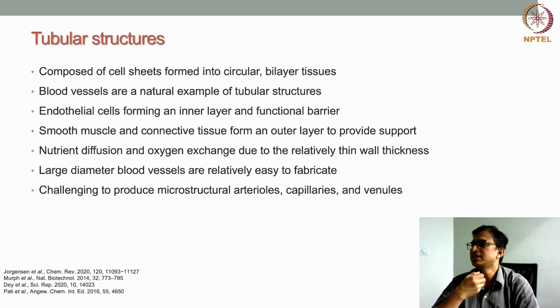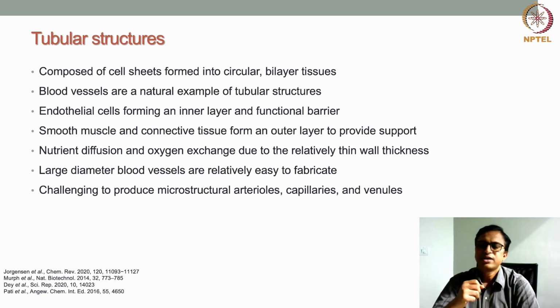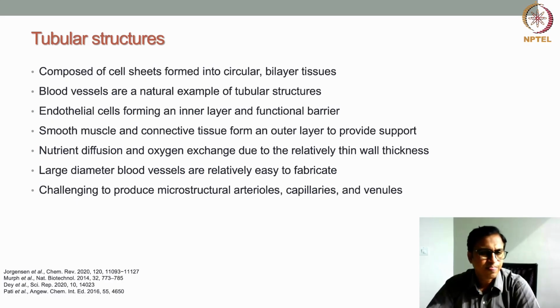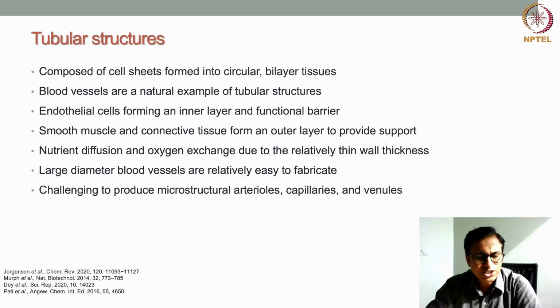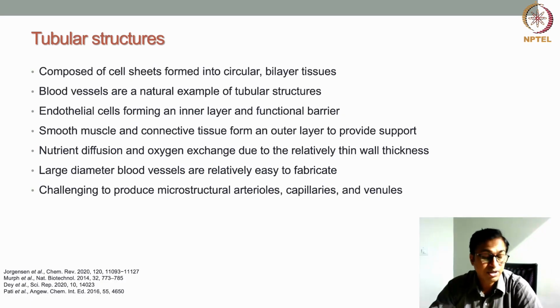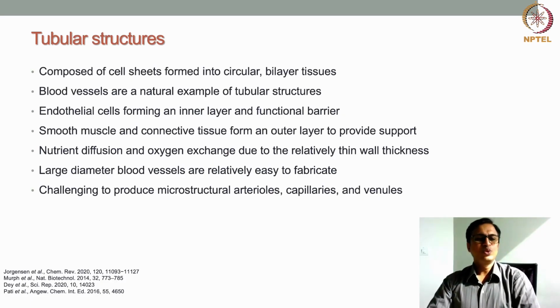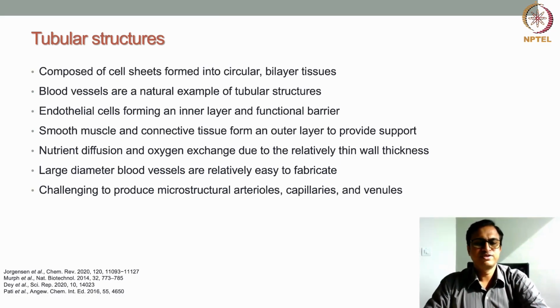Other than this, a large amount of work has been done on the development of large diameter blood vessels. But large diameter blood vessels are relatively easy to fabricate, because the dimension is such that with our current technological capabilities, like the bioprinters that we have, we can fabricate large diameter blood vessels very easily.